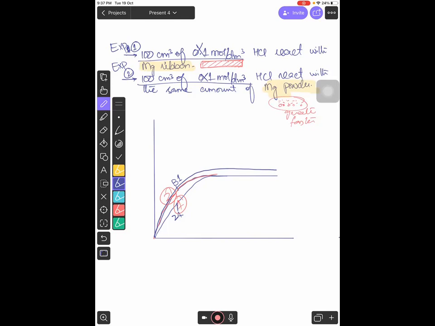The concentration of any of the... The concentration of HCl or magnesium, whatever, दोनों में से कोई भी बढ़ा सकते हैं ना, ठीक है? बट यू नीड टू रिमेंबर कॉन्सेंट्रेशन हमें किसकी बढ़ानी है? कॉन्सेंट्रेशन ऑफ लिमिटिंग रिएक्टेंट, ठीक है? We need to increase the concentration of limiting reactant. We don't know right now which one is limiting reactant, but you need to remember कि आप हमेशा किसकी बढ़ाओगे? You need to increase the concentration of limiting reactant.